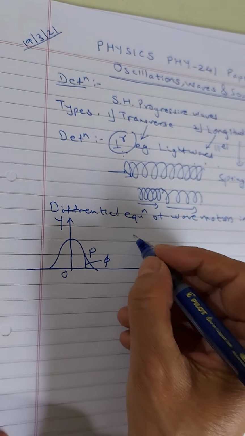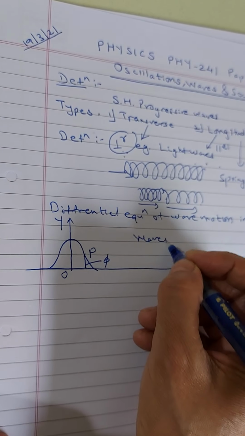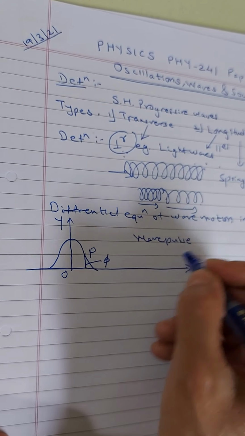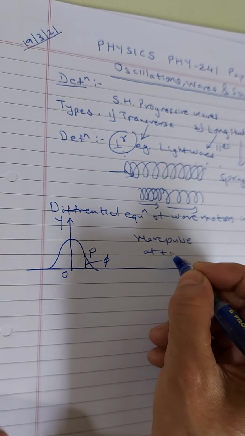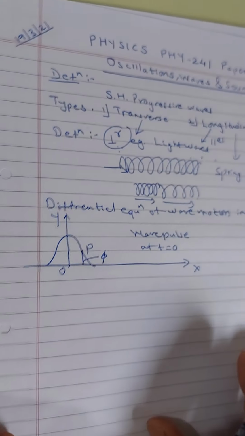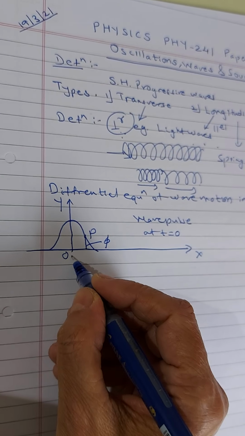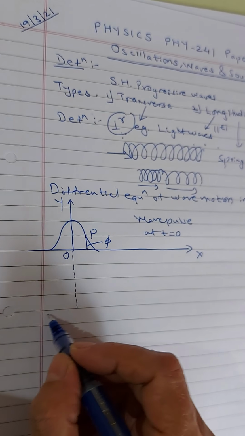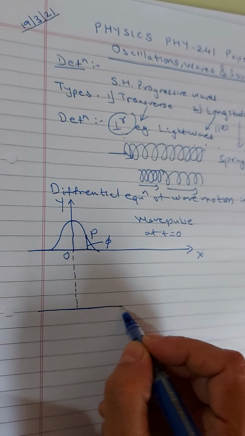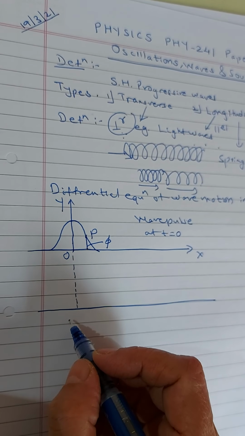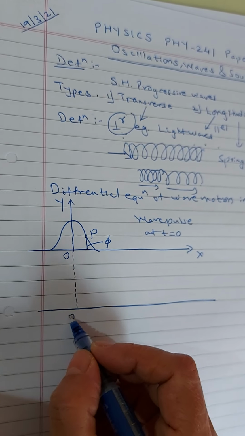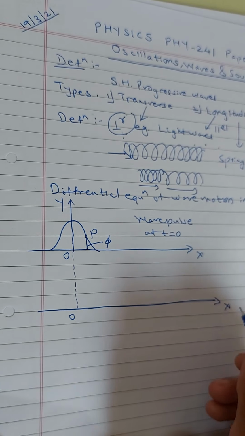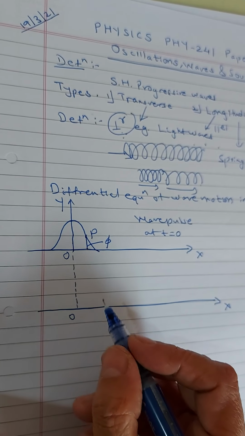So I can label the diagram as wave pulse at time t equal to 0, correct? Now if you continue this over here, this is again O, this is again my x-axis, and this is obviously my y-axis.